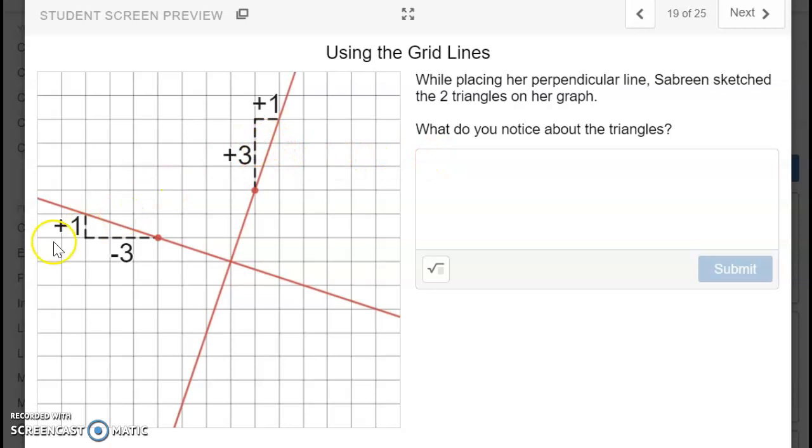Well, this triangle and this triangle look like a rotated image. They are the same size, same shape, but the orientation has changed. It's actually a rotation of this triangle to this triangle by 90 degrees counterclockwise about this point of intersection.